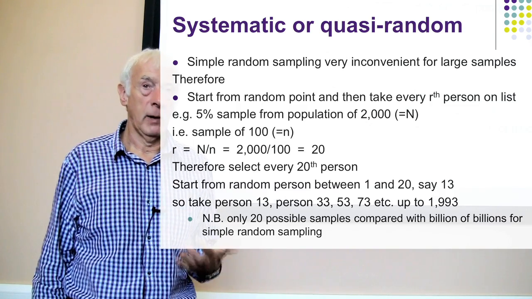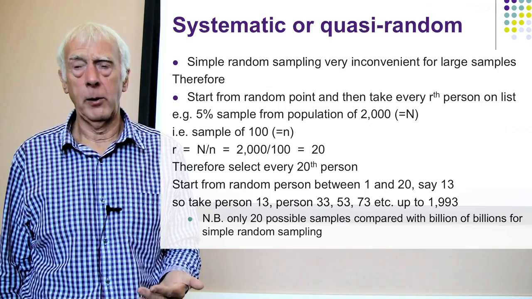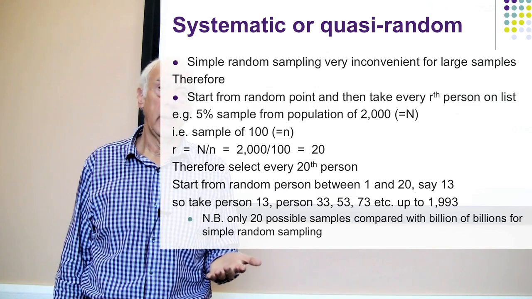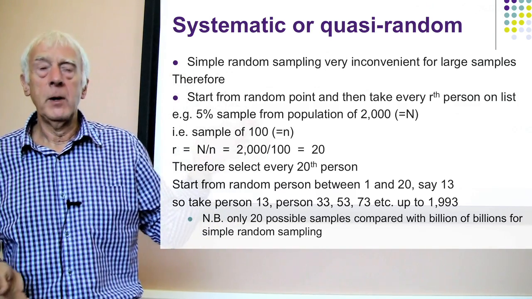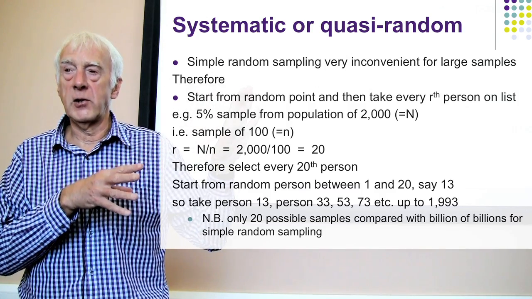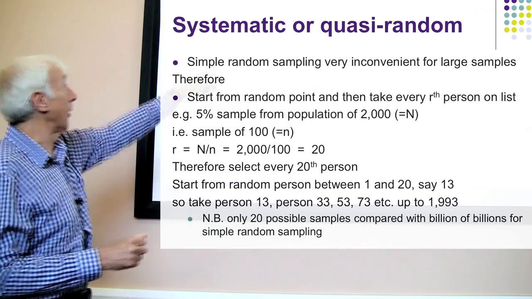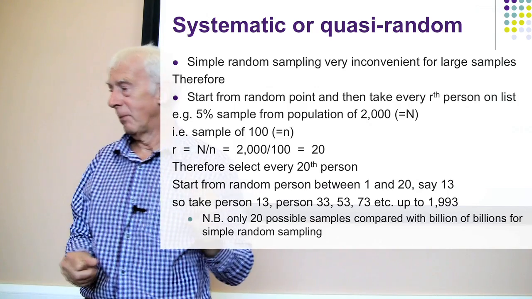As I say, simple random sampling is very inconvenient, particularly with large populations where your sampling frame is enormous. So what you tend to do here is not number them all, you just start from a certain position in the list and then pick every nth person, or actually I've said rth person, sorry, every rth person on the list.